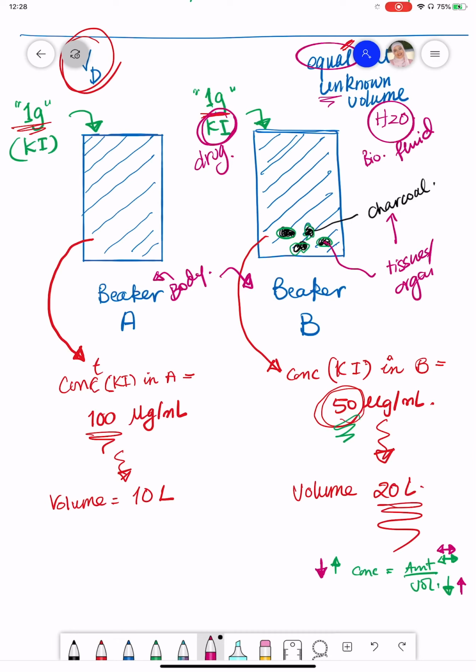In both beakers, the physiological or actual volume is the same. But the difference is that sometimes the drug is distributed to different organs and tissues, so the measured volume, which is the apparent volume, not the physiological volume, is larger.